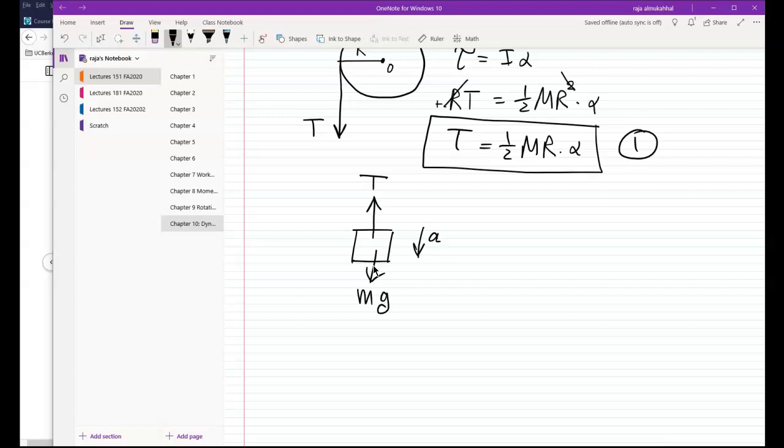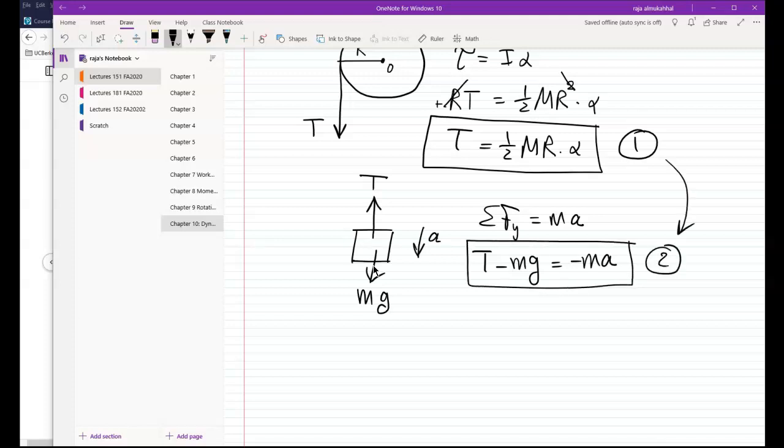There is no rotation. It's all linear. So it's just going to be sigma F sub y equals ma. So in this case, T minus mg equals minus ma because it's moving down, correct? And there we go. We have equation 2.